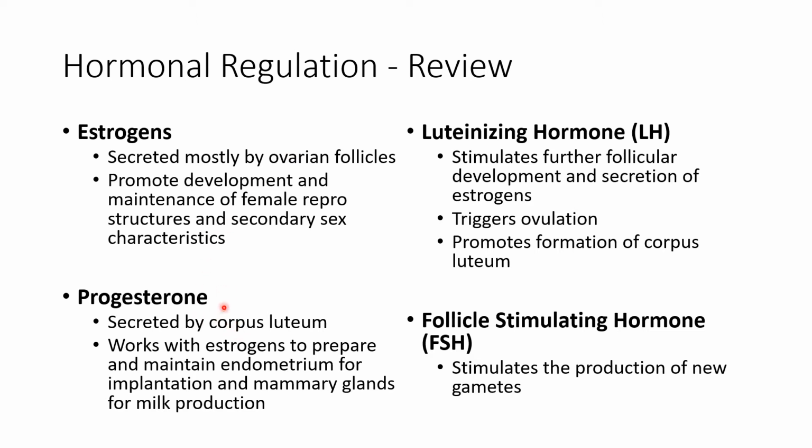And then we have progesterone, which is primarily secreted by the corpus luteum, name here, progestation. It's going to help, hopefully, ensure that if there is a fertilization, it can be maintained. This is the hormone that spikes during pregnancy. And then we have LH and FSH. These are the ones that are going to be involved in both the production of gametes as well as things like triggering ovulation.